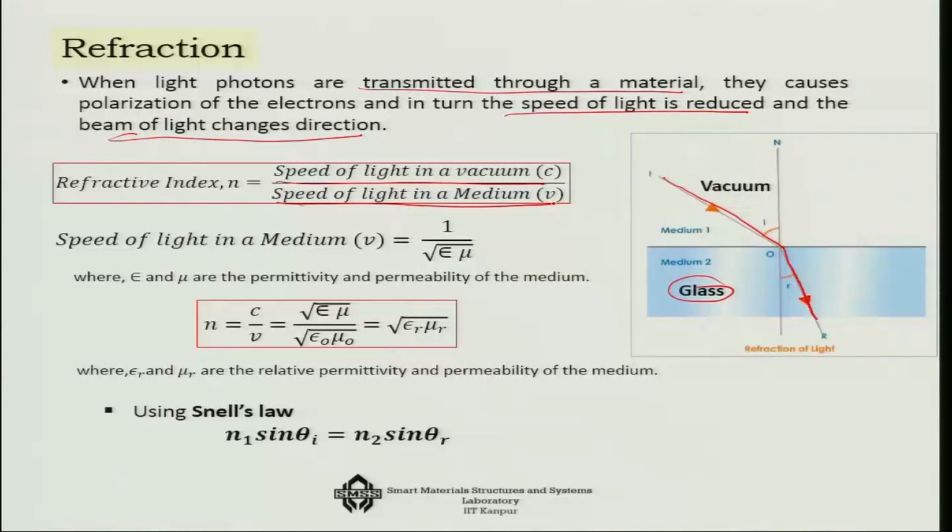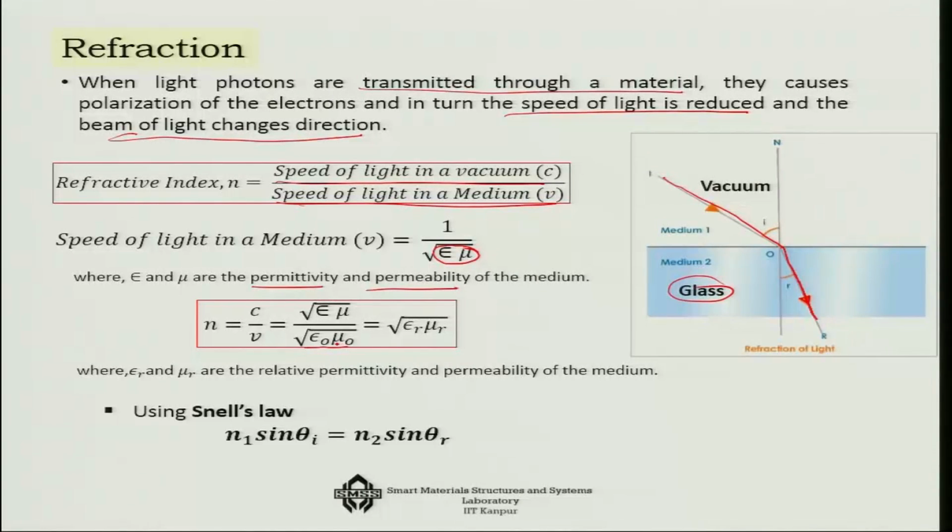Now, for any medium, what will be the speed of light? Well, for any electromagnetic system, I already told you that it is actually 1 over square root of epsilon mu, where epsilon is the permittivity and mu is the permeability of the medium. So, if I want to calculate n as c over v, then it is simply square root of epsilon mu over square root of epsilon 0 mu 0.